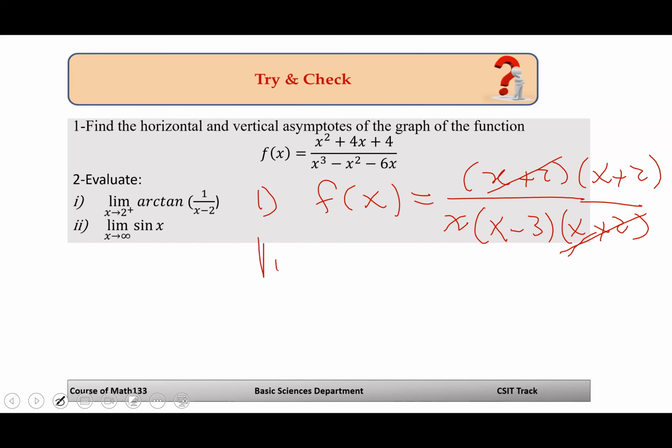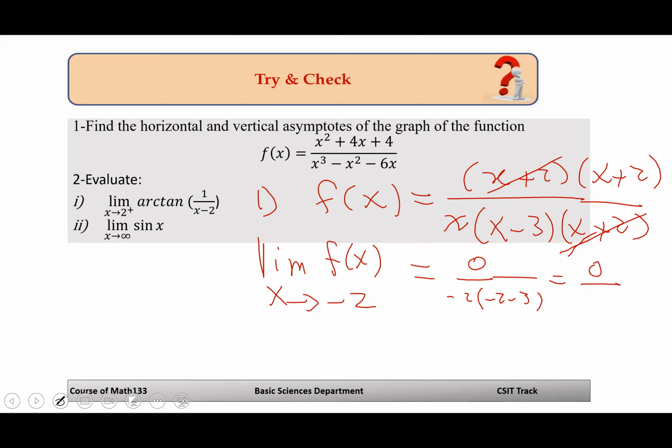Okay, so there is clearly simplification by x plus 2 in the limit. So when I compute the limit of f of x, let me start with x approaches minus 2, because this is the easiest one. So it will be equal to 0 over minus 2 times minus 2 minus 3. Anyway, it is 0 over a non-zero number. So it's equal to 0.